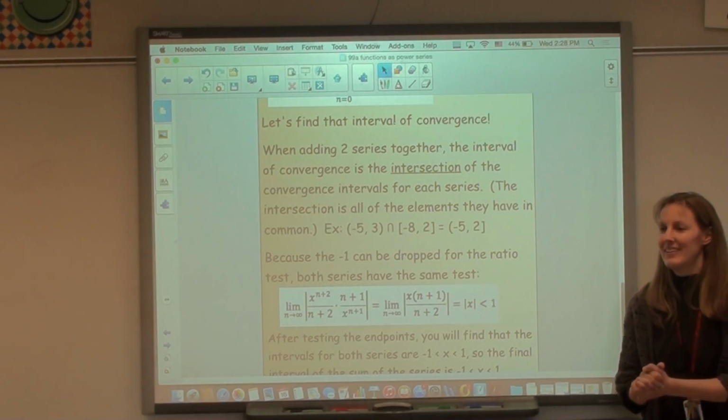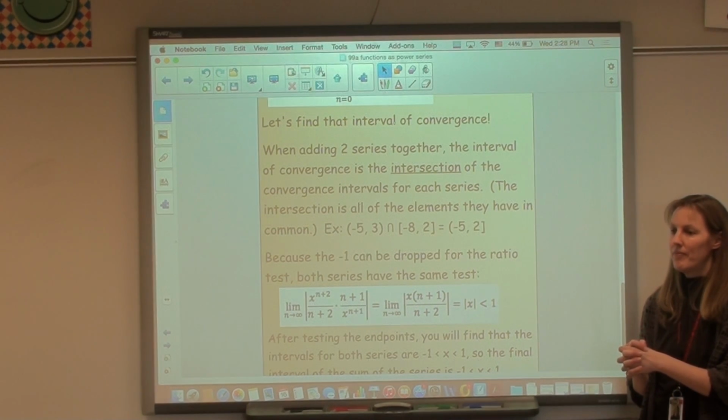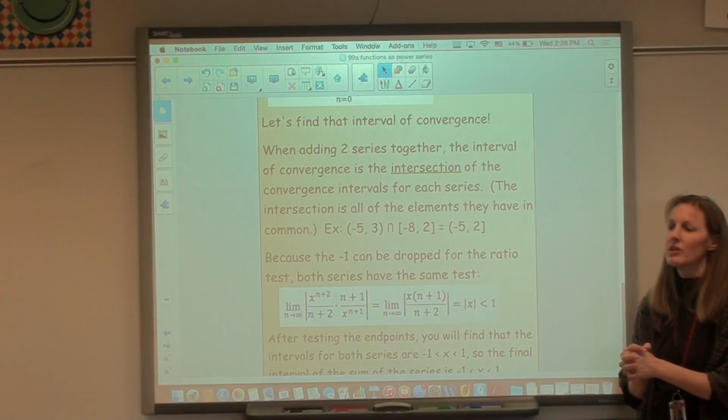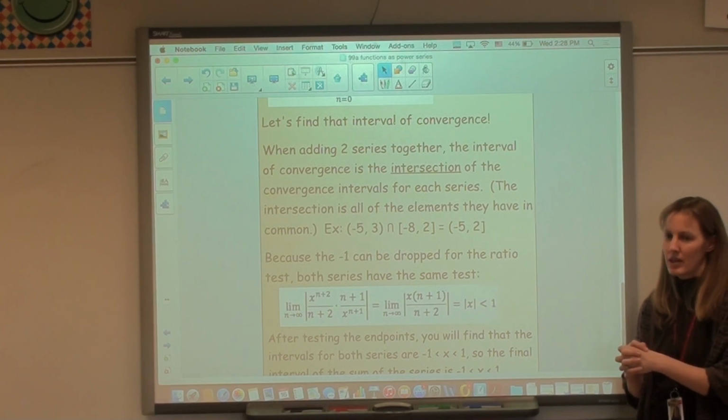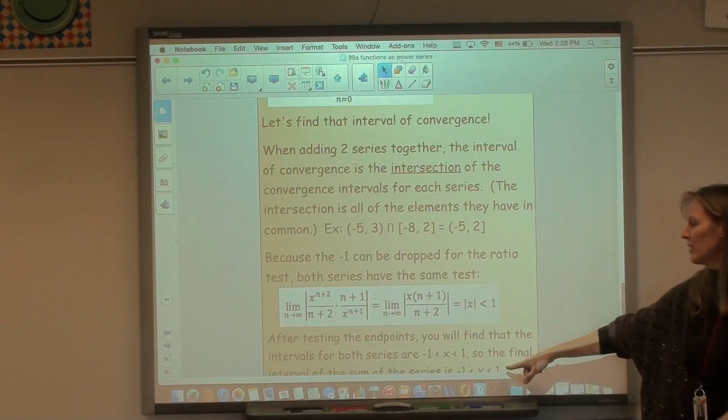Yes, Claire? Would it be necessary to do two convergence intervals and then combine them, or could you just do the interval for the final? You could do the interval for the final and be fine, as long as you can do the interval for the final. That'd be a huge ratio. Okay, and then you test the endpoints, and there's your final answer, ta-da.